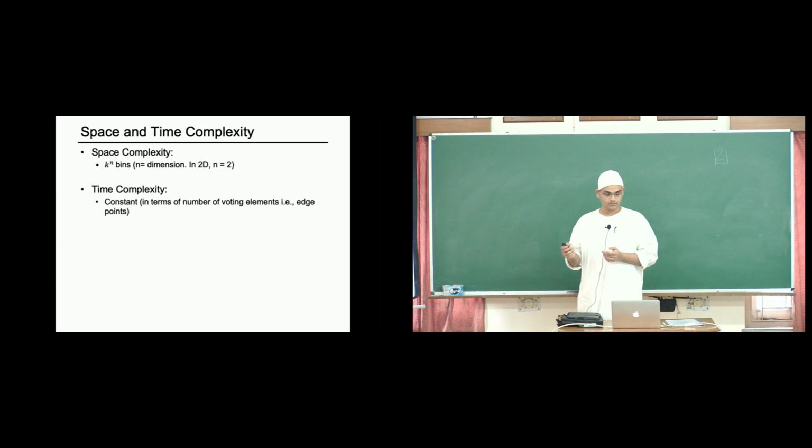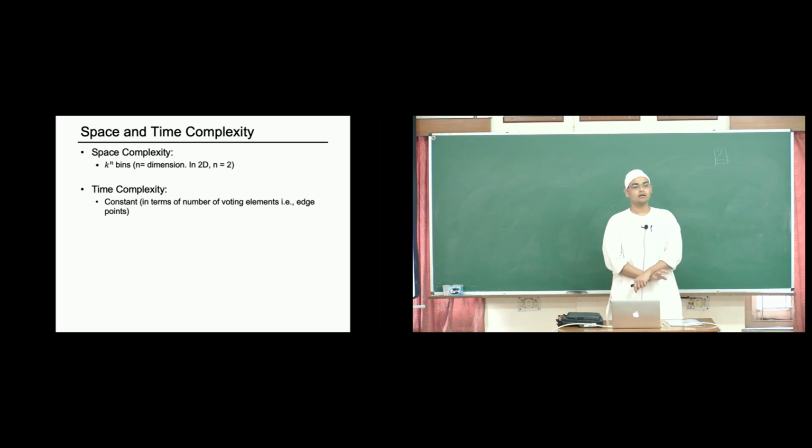Okay, and the space complexity. Now space complexity is actually causing the problem. Space complexity is how big your matrix needs to be. How big does your matrix need to be?